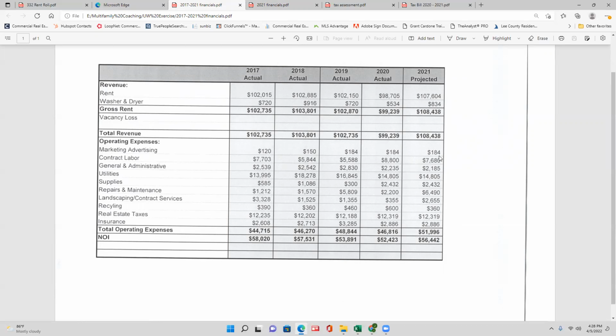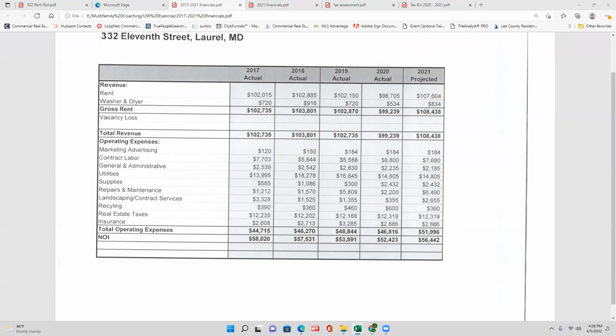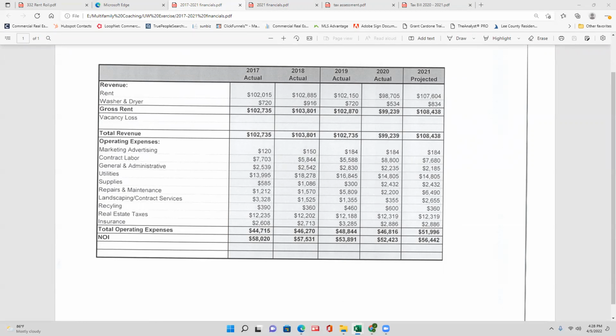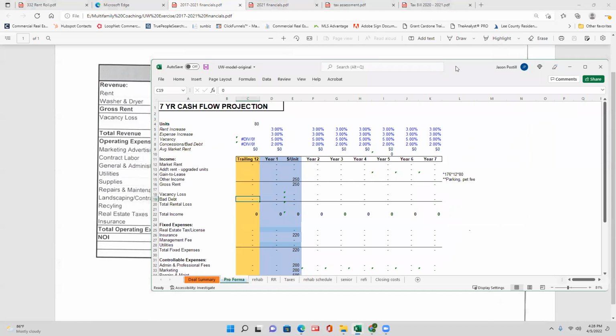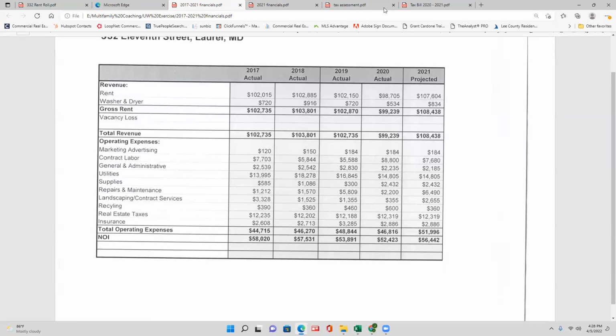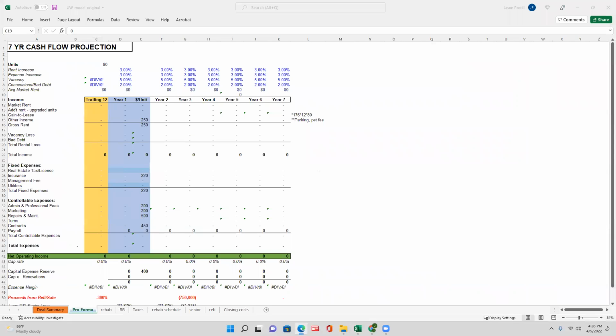Because contract labor, because this is actual, we want to go over the actual figures. So year one, we'll use year one as the projected. So, okay, I'm going to reference this sheet and plug them in. I'm going to hop back to the model and just start plugging and playing.